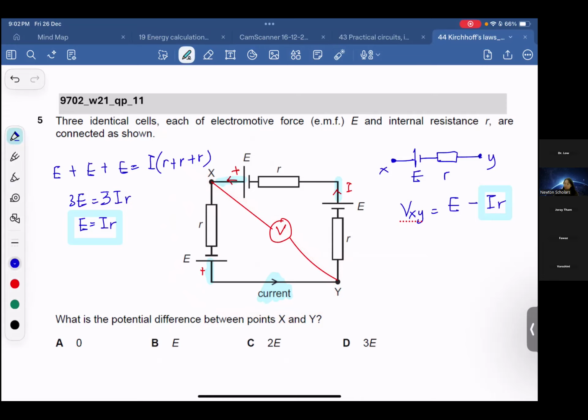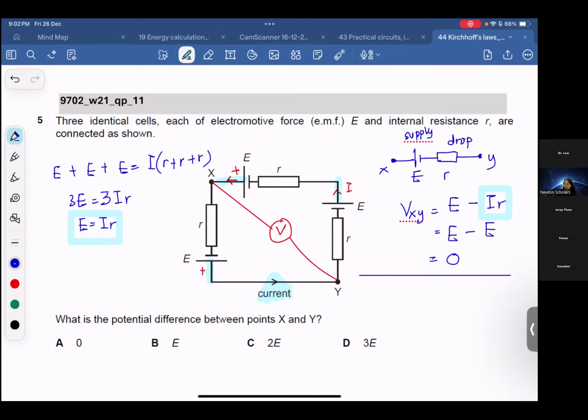Look here: E minus IR, because this one is the supply and this one is where we lose, the voltage drop. So this part is a drop, so we minus: E minus I times R. We already know I times R is E, so E minus E is 0. So the voltage across XY is actually 0.